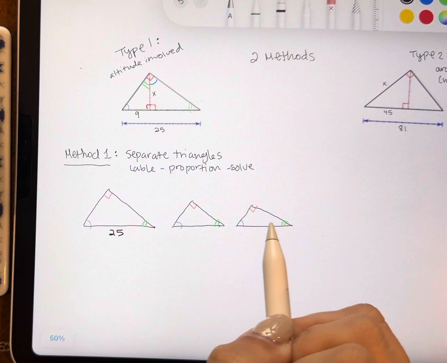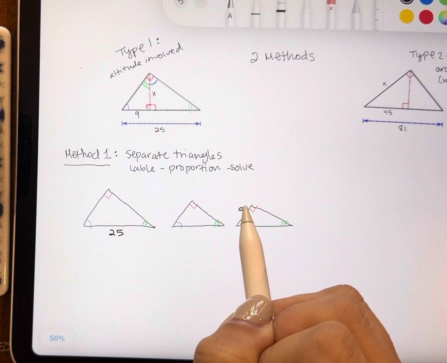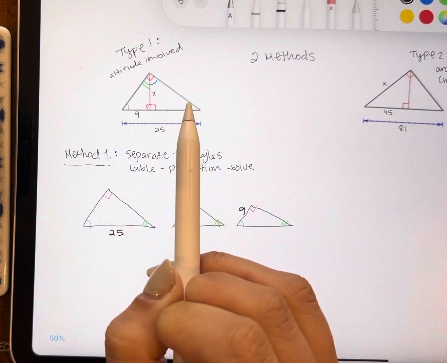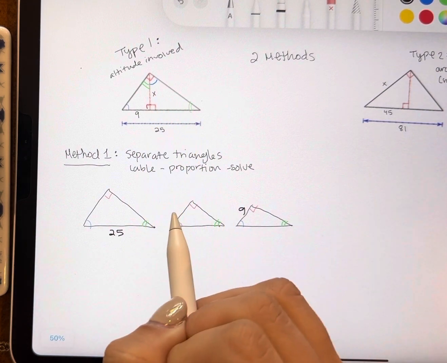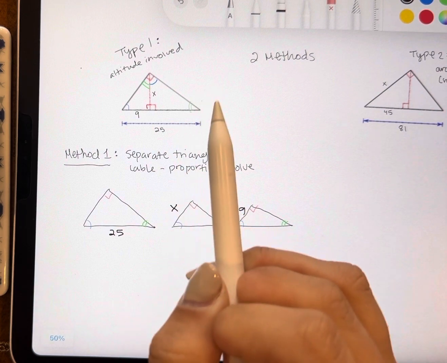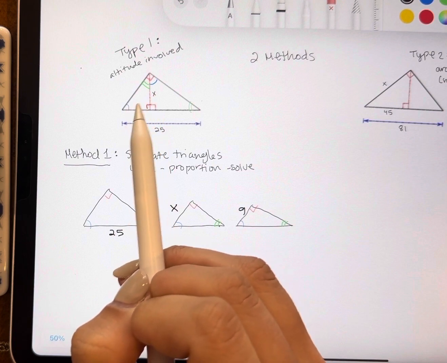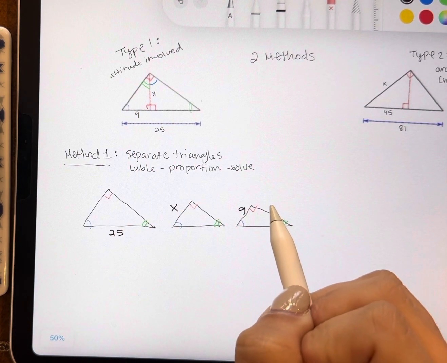So smallest triangle across the green is 9. On the medium triangle, x is across the green. Now you may see these in a different order, it doesn't matter. X is also part of the smallest triangle and it's across the blue angle. So across the blue in the smallest triangle is x.